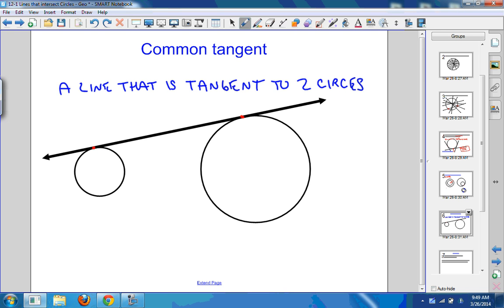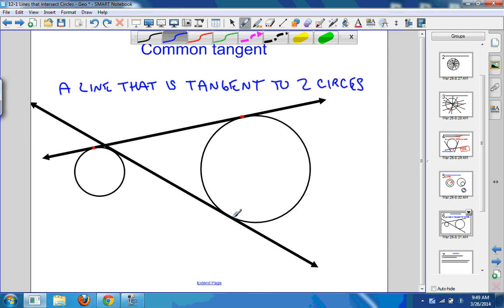We could also draw another common tangent to these two circles going through here. So we have this line that we just drew. It's tangent right there and right there to the other one. So a common tangent is a line that is tangent to two circles.